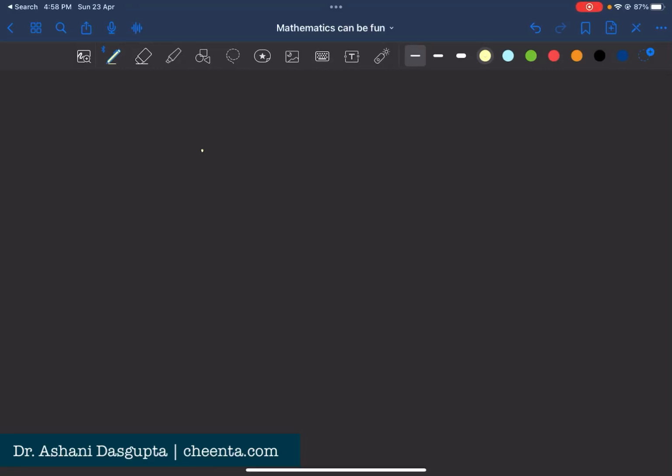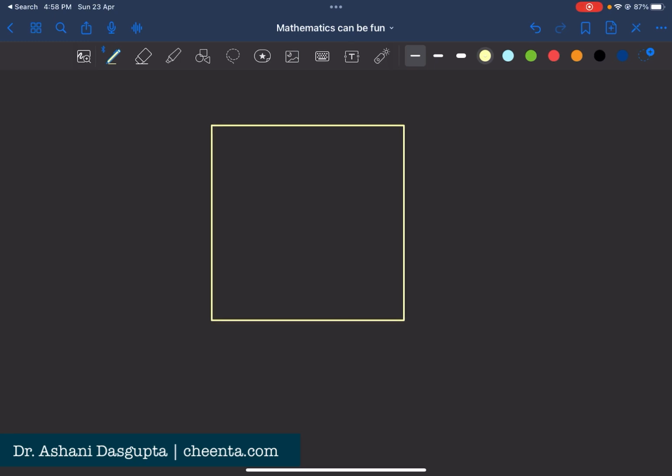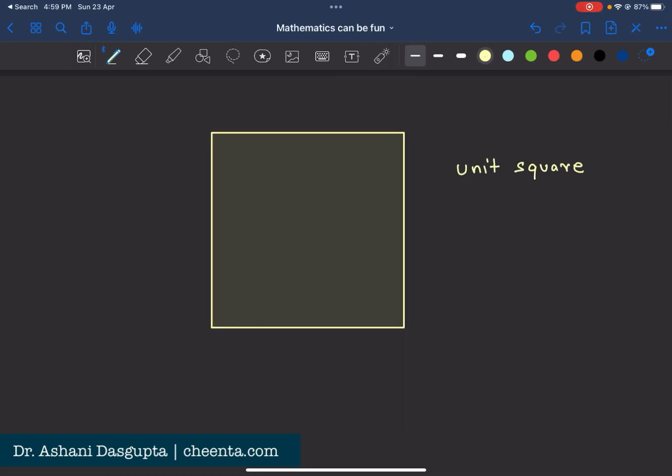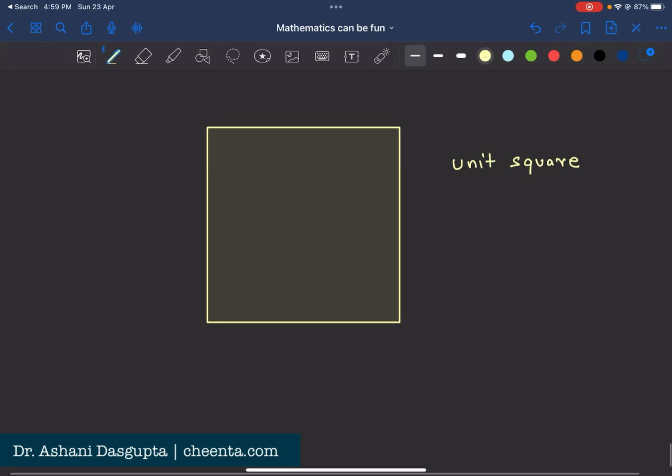Okay, suppose you have this unit square. Unit square, so the length of each side is 1. Now let's mark the midpoints of the 4 sides of this unit square.